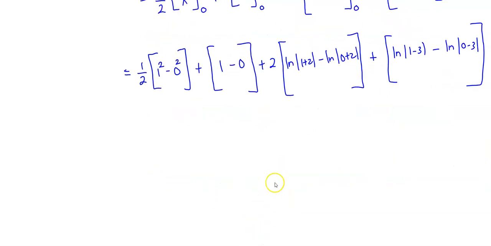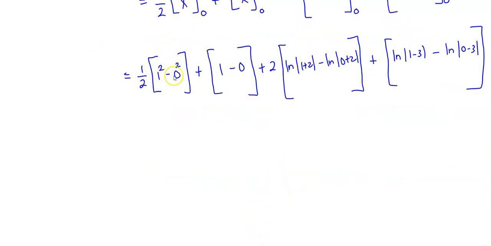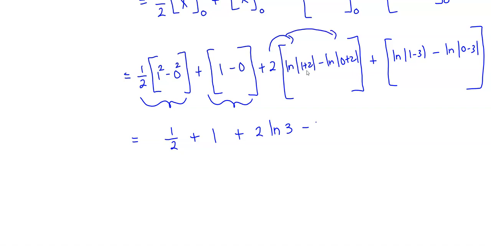Okay, so let's go ahead and simplify. We have 1/2 times 1 squared minus 0, which is just 1. So that's going to be 1/2 plus 1 minus 0 is 1, plus we're going to distribute the 2, so this is going to be 2 times the natural log of 1 plus 2 is 3, and the absolute value of 3 is positive 3, minus distributing the 2, 0 plus 2 is 2, and the absolute value of 2 is 2, so that's minus 2 times the natural log of 2.